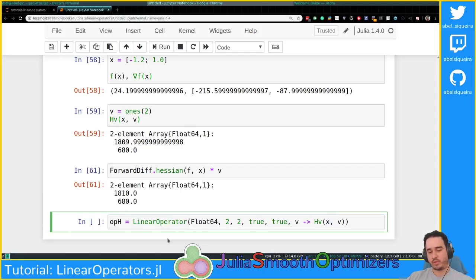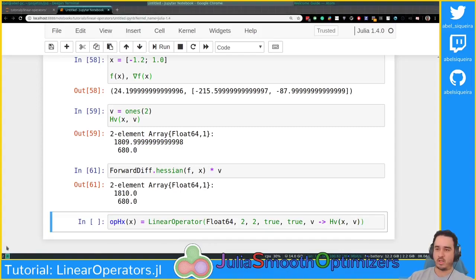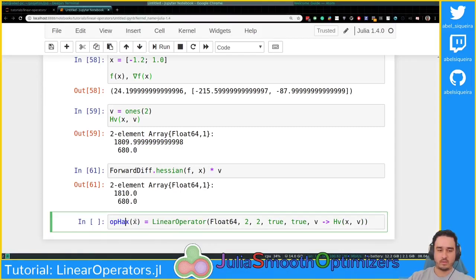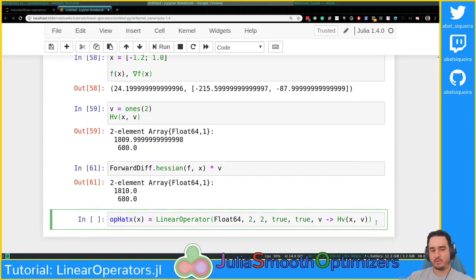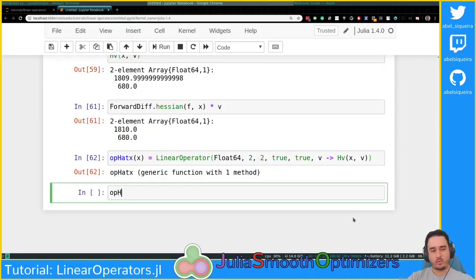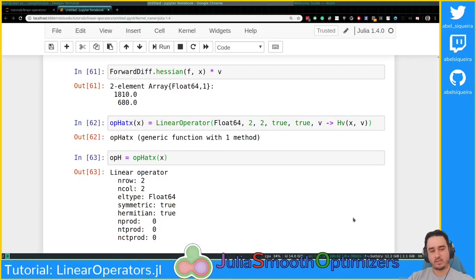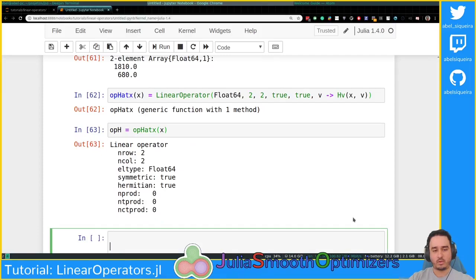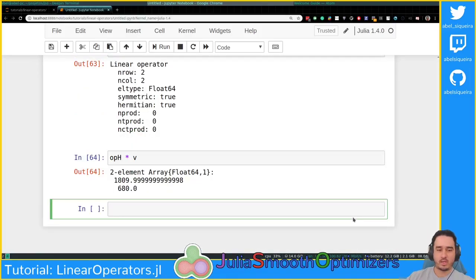So instead of doing this, I can say OP, let's say OPX, and this is going to return the value at x. I could say OPH at x, okay? This is better. So OPH will be OPH at this point x, and if I compute OPH times v, I'm going to get the result.